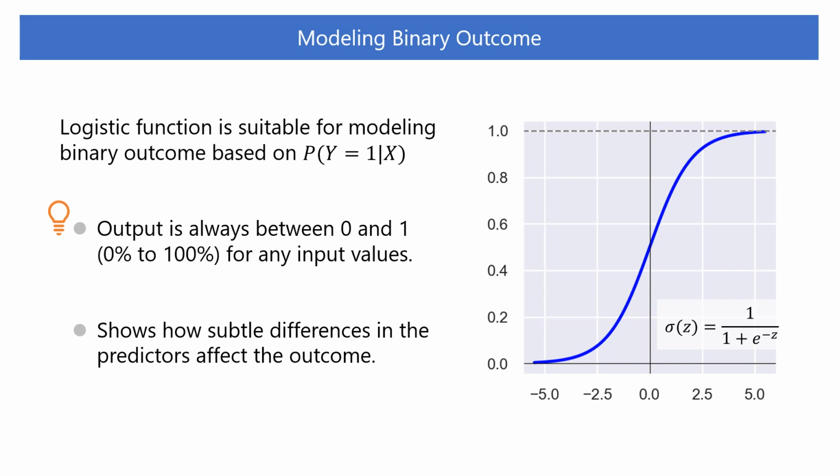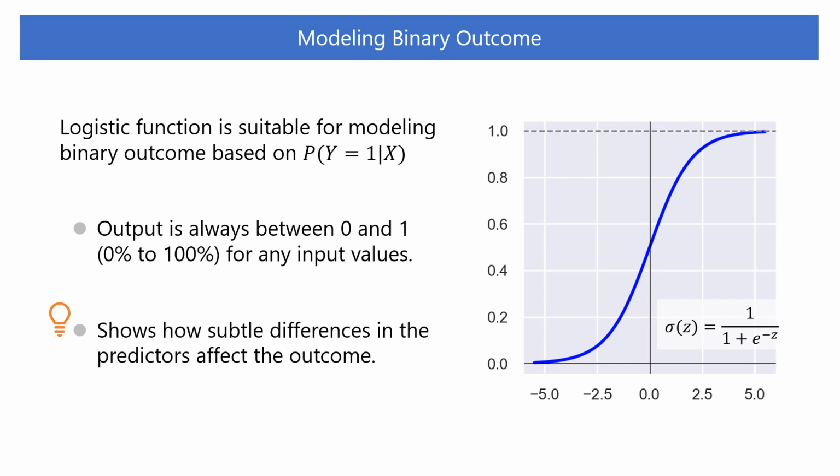The logistic function is suitable for modeling binary outcome based on the probability of occurrence of events. The output of the logistic function is always between 0 and 1. This is a suitable range for representing probability because it means the output always falls between 0% and 100% for any input value.